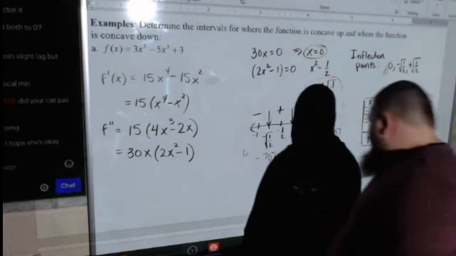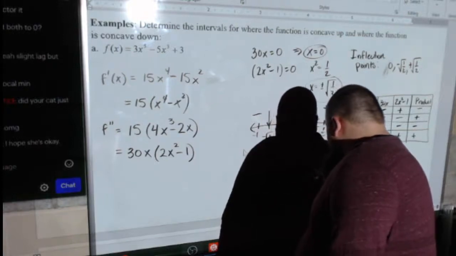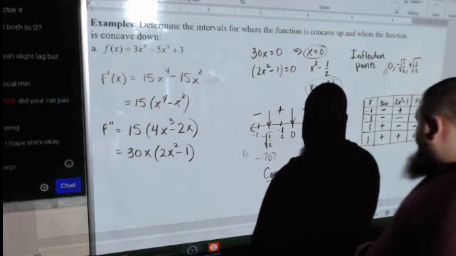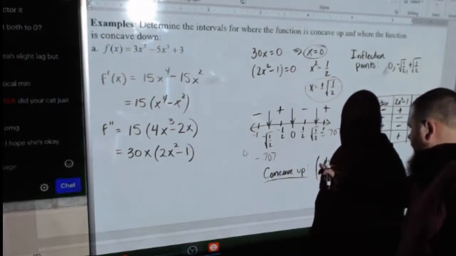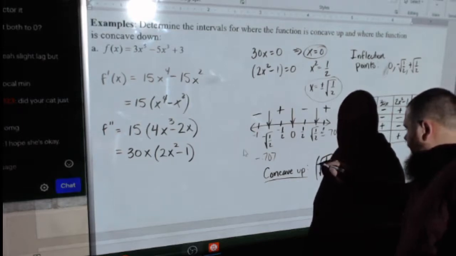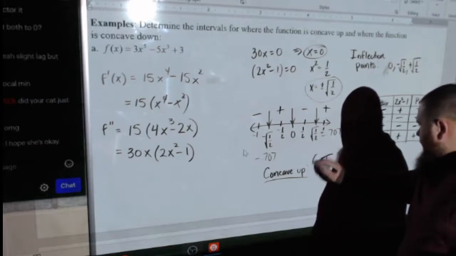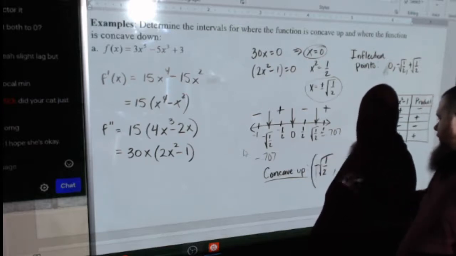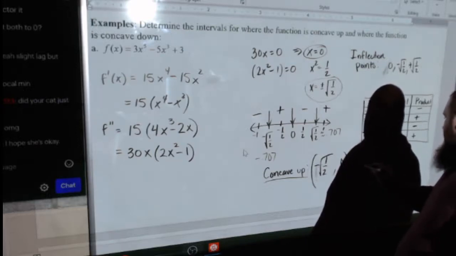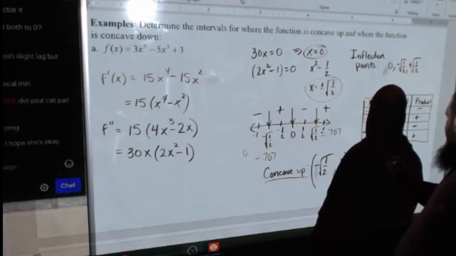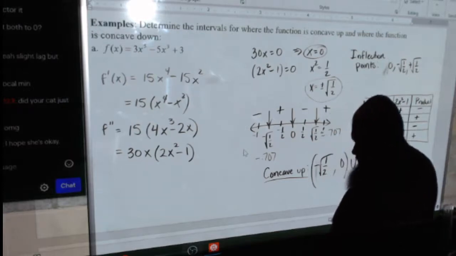So concave up, negative square root, give myself some more space there so it's clear. It's negative square root to 0 and square root to infinity. Sorry, you can't see that.